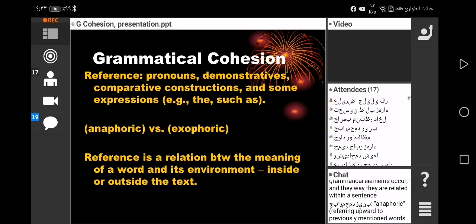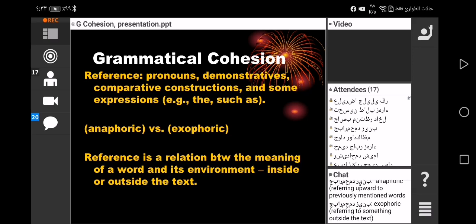Other expressions like there, such as. When you use there, you make something definite, again implying that you earlier used some noun or you referred to some phenomenon. Now you are referring to it again, but you're making it definite.